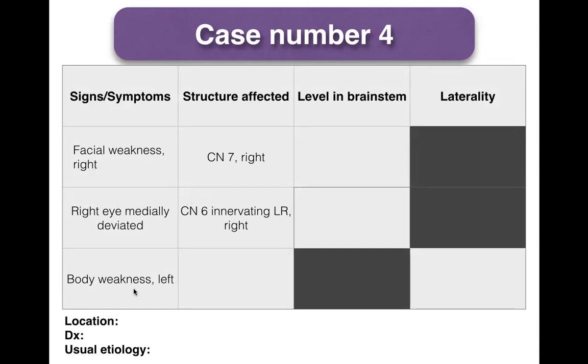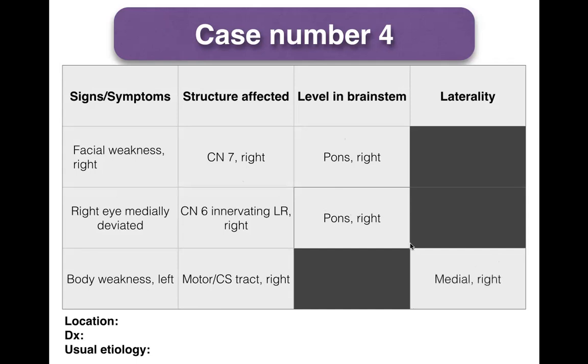Body weakness: the skeletal muscles on the left side are innervated by the motor pathway or the corticospinal tract. Okay, number 7 and number 6. Let's decide their level on the brainstem. Number 7 and number 6 both originate in the pons, whereas the motor or corticospinal tract is medial.